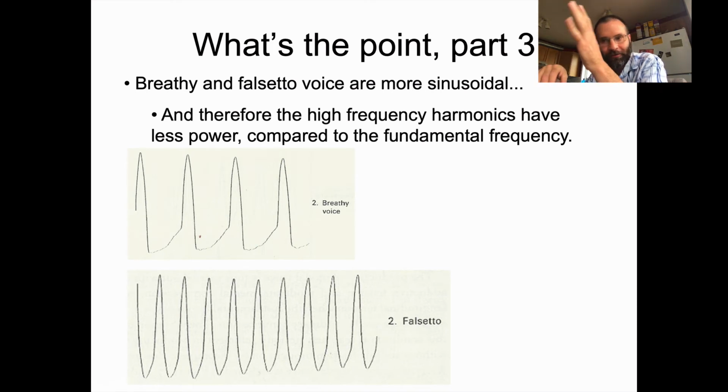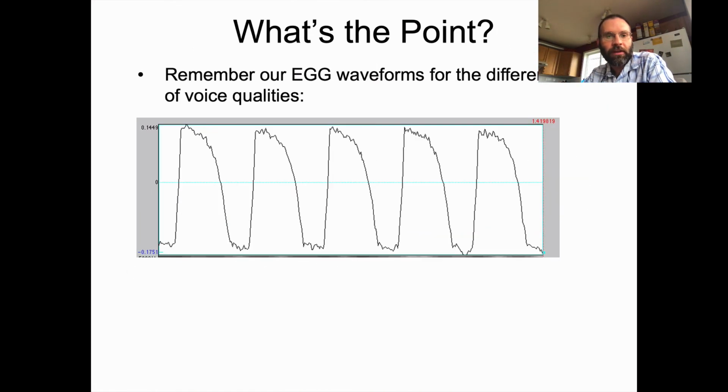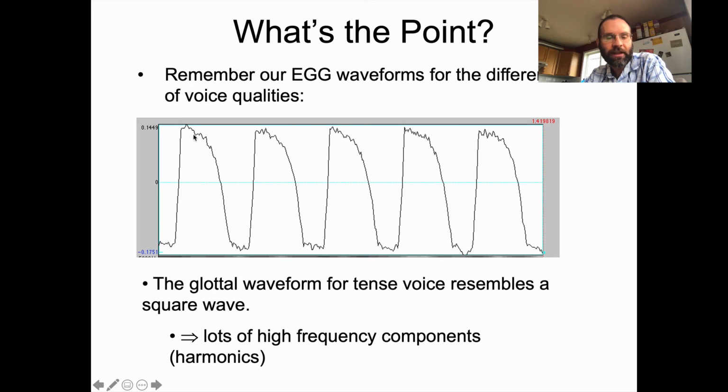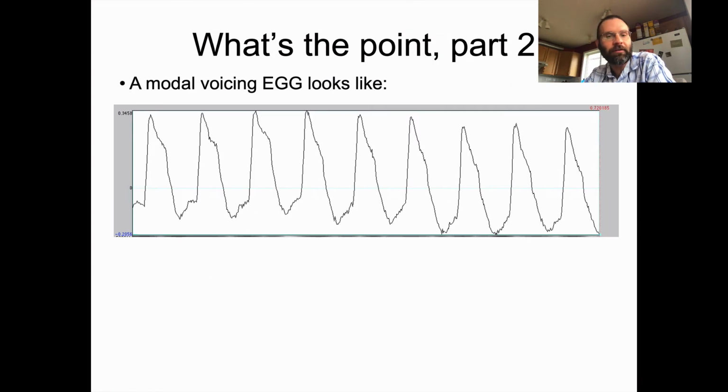We're going to have a dominant fundamental and less intensity higher up. With the square wave, or the tense voice wave, we should see a lot of energy in the higher harmonics, because otherwise we wouldn't be able to get this pattern. And then again, the modal voicing will be somewhere in the middle, where we have a fair amount of intensity in the fundamental, but also a fair amount in the higher harmonics too.